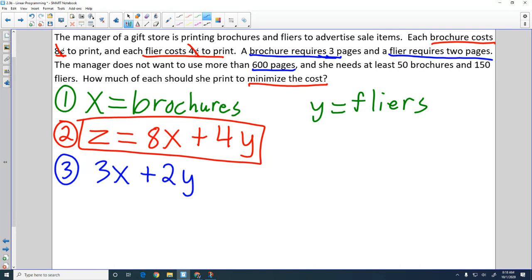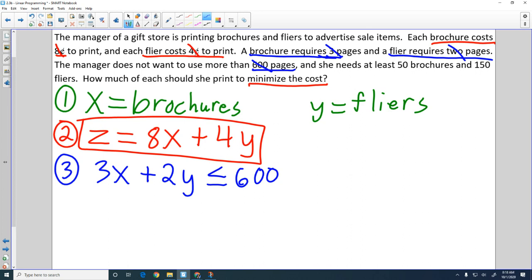And that number can't be more than 600. Could it be less than 600? Sure. So I'd say less than or equal to 600. So 3x plus 2y is less than or equal to 600.